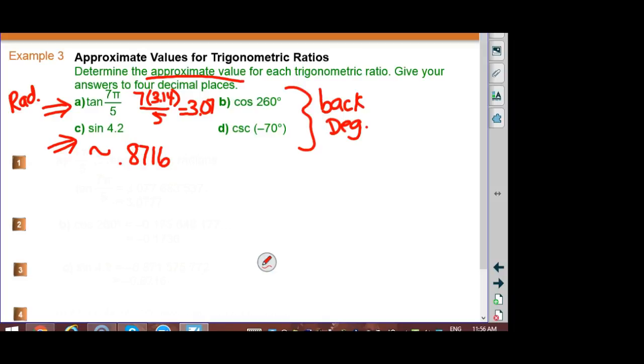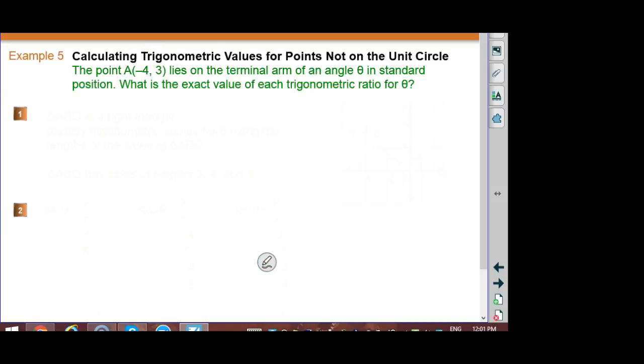Your answer should be negative 0.1736. And in this situation, it should be negative 1.0642.